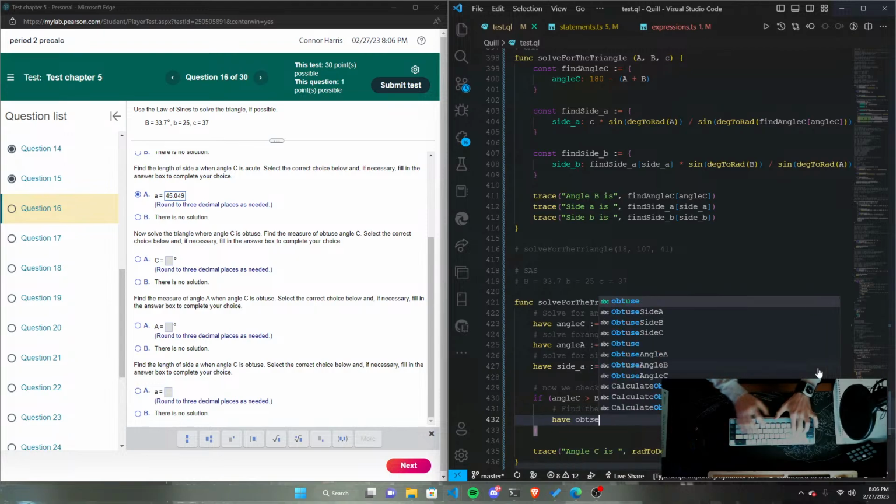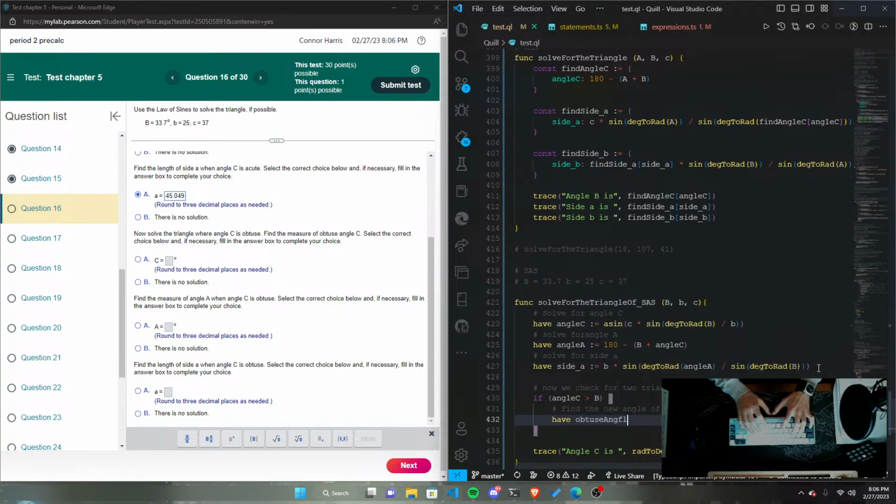So have obtuse angle C equal to, I think we just do 180 minus whatever our old value is. So we would do 180 minus angle C, which would give us our new angle.